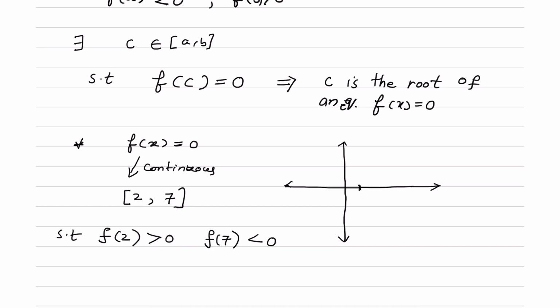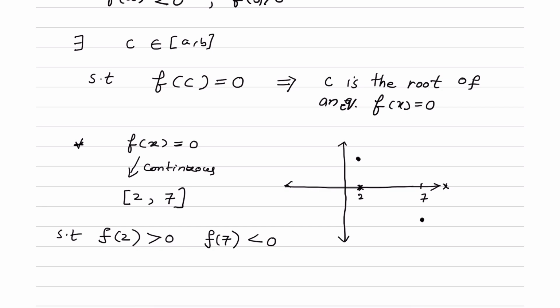We have an interval, let's say 2 here and 7 here, and we know that the value of the function at 2 is positive. Let's mark it somewhere here above the x-axis, and the value of the function at 7 is negative, so it would be below the x-axis somewhere here.